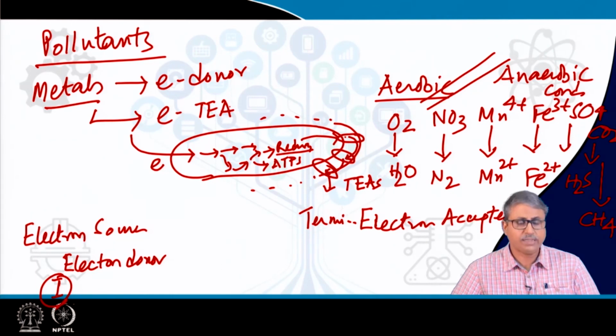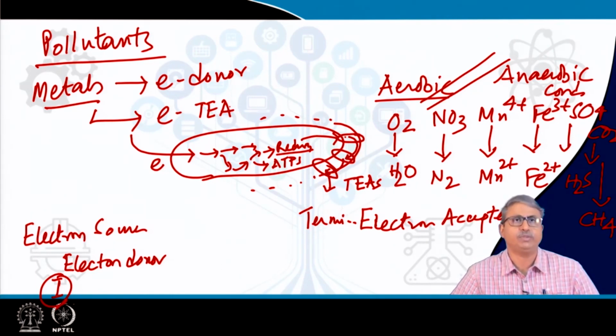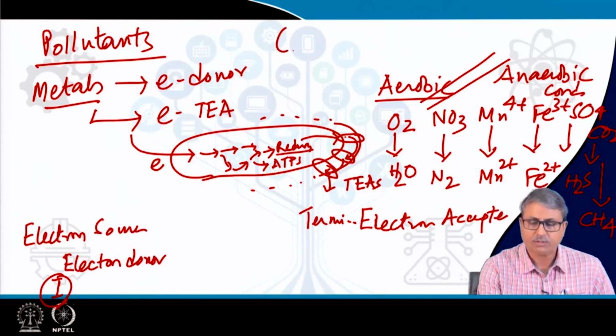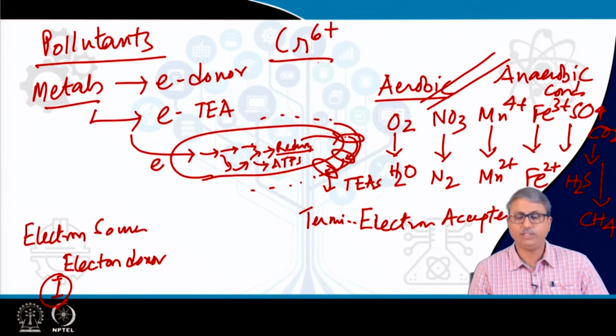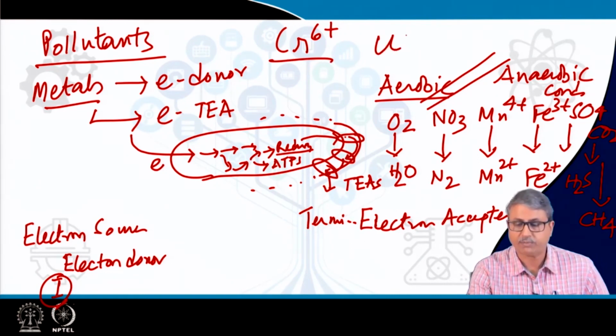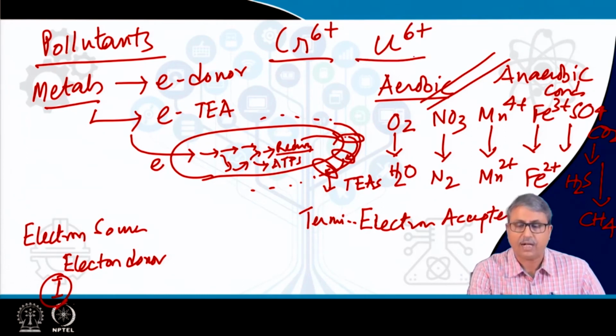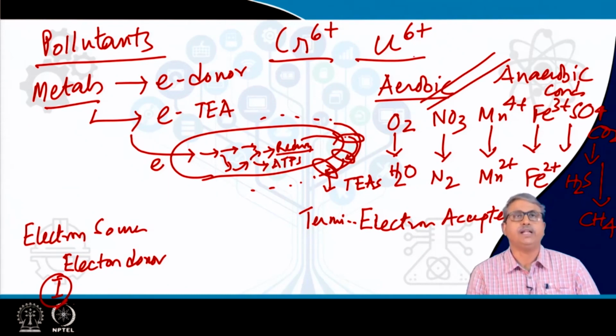If we look at these two toxic metals, which are the point of interest in today's class, that is chromium, for example, hexavalent chromium, and uranium, uranium 6 plus, both of these are able to accept electrons.